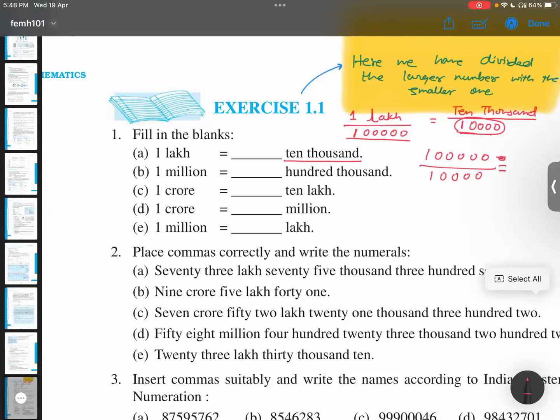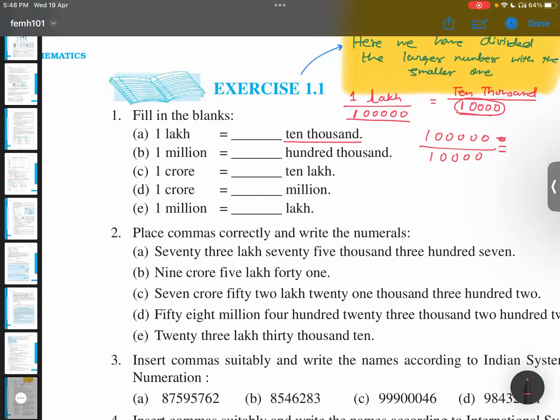Okay, let me help you with this. Will you be able to solve this? Yeah, I know. I'm almost at the end. Okay.